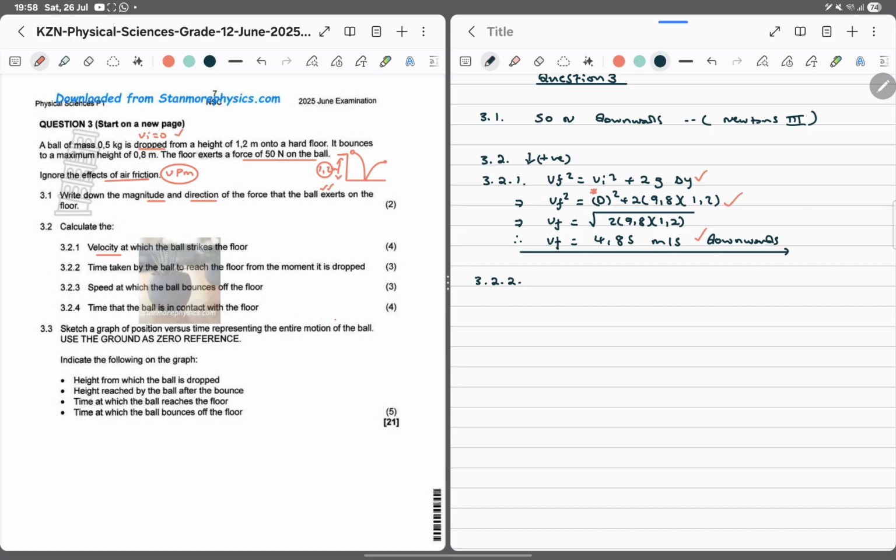Okay, so 3.2.2. We need to find the time taken by the ball to reach the floor from the moment it is dropped. Okay, so guys, usually I avoid using an answer that I got above just in case it is wrong.